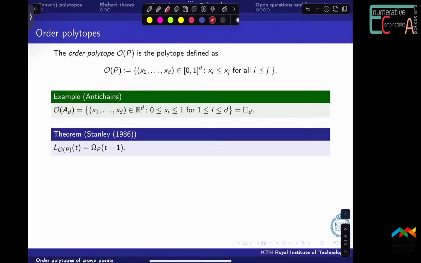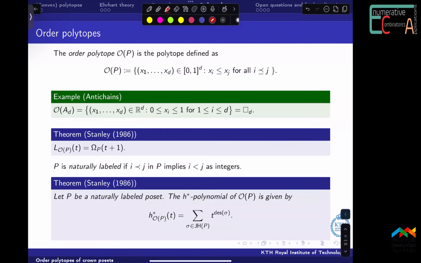It was shown by Stanley in 1986 that the Ehrhart polynomial of the order polytope of a poset is the order polynomial evaluated at t plus 1.